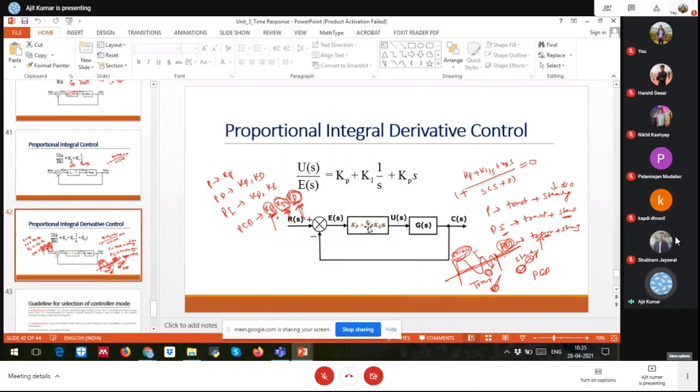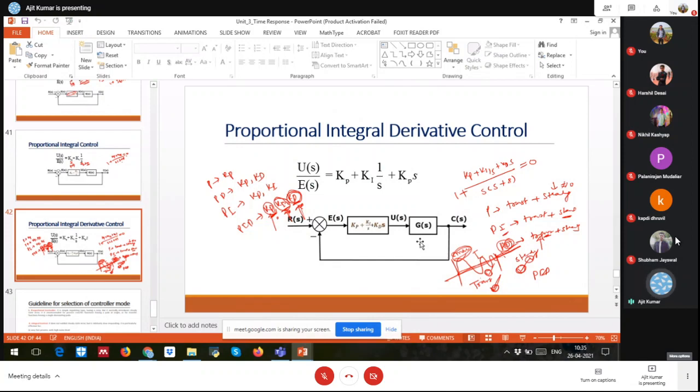And as you can see now, when you add control structure in the loop, then how your overall transfer function is getting modified. So overall transfer function consists of the transfer function from process and control, and by that, if there is any unstable system, it also becomes stable sometimes.